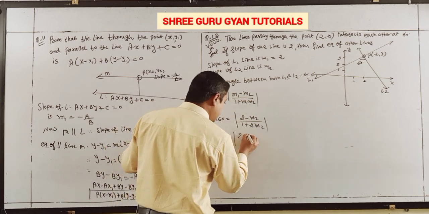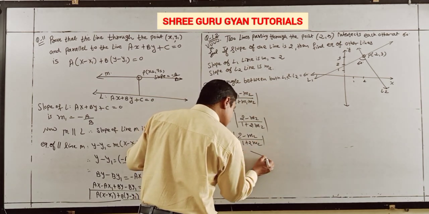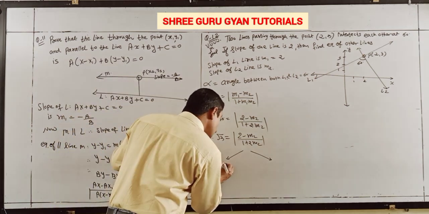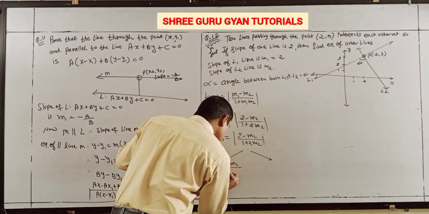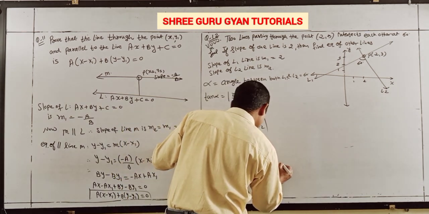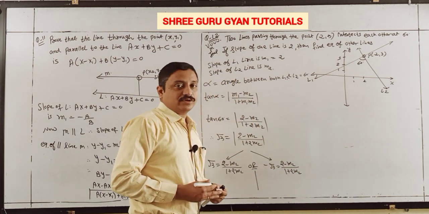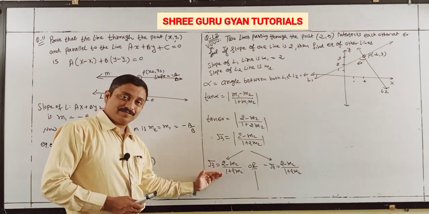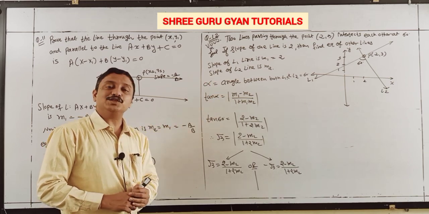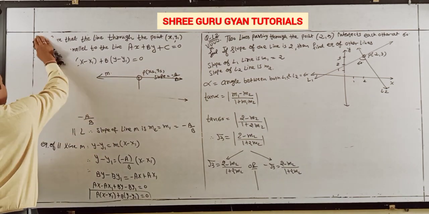And here we get two cases, one positive, one negative. So root 3 is equal to 2 minus m2 by 1 plus 2 m2, or minus root 3 is equal to 2 minus m2 by 1 plus 2 m2. One by one I calculate, first this one, then that one, and derive the equation of the line passing through 2, 3. First I take only this case, and after that I will explain the second one.